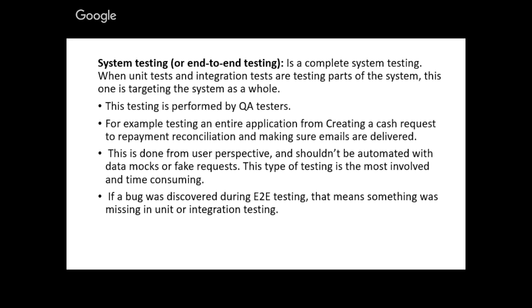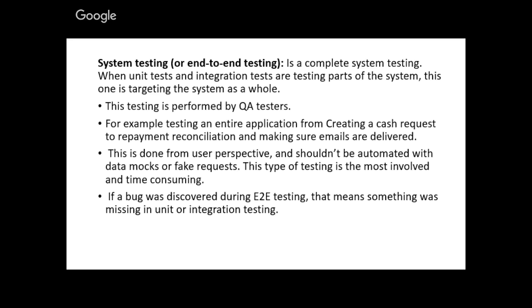So you want to check the whole flow of the system. This is done from the user perspective and shouldn't be automated with data mocks or fake requests. You probably want to use real data so that you can behave as if it is a real world scenario.